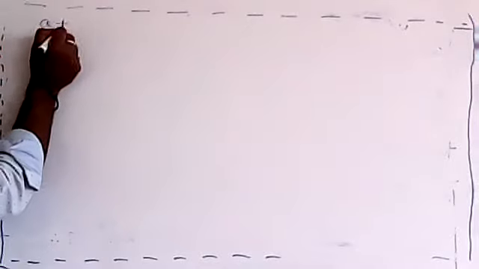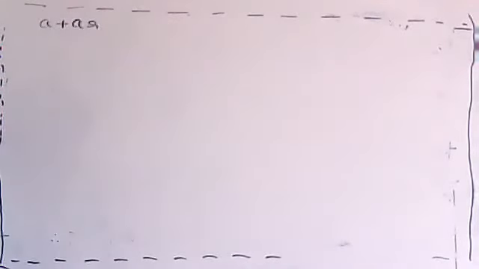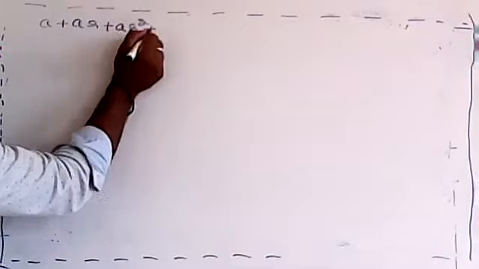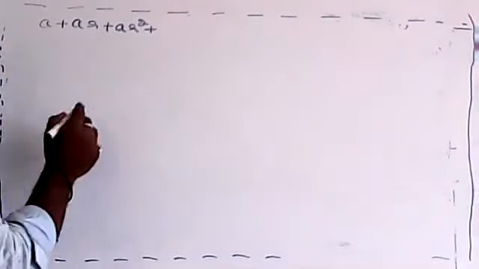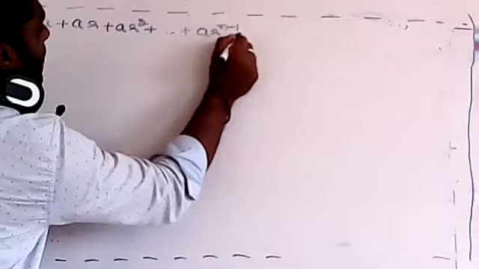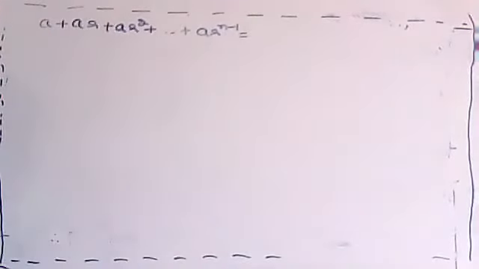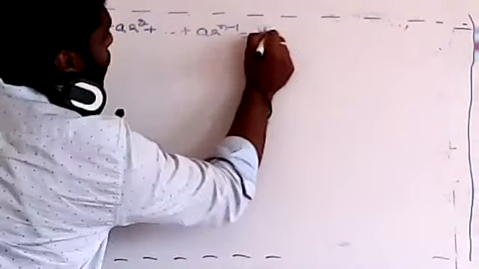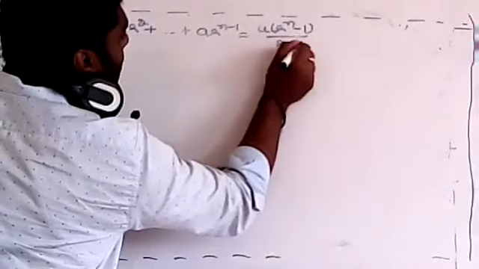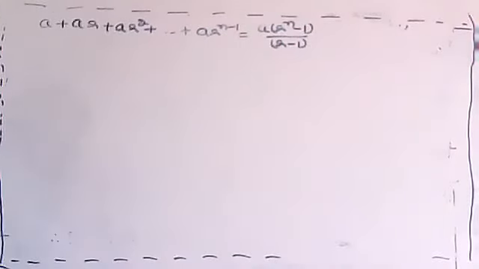A plus AR plus AR square plus so on up to AR to the power of n minus 1, which is equal to A into R to the power of n minus 1 divided by R minus 1.